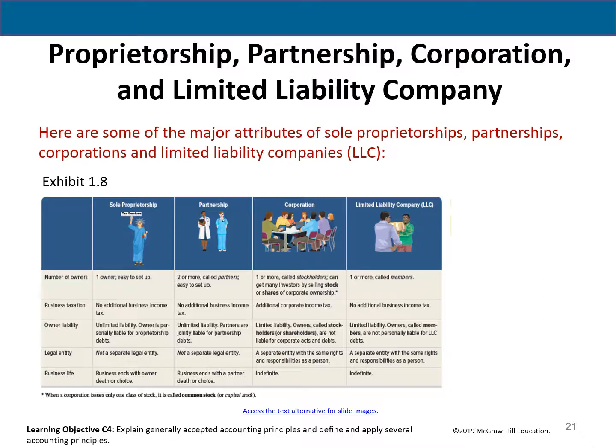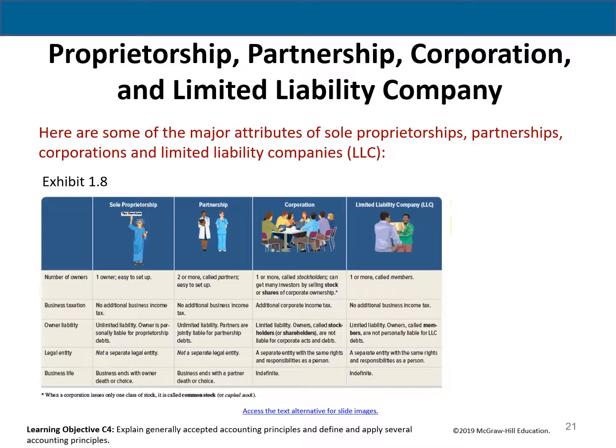A limited liability company is a mixture of a corporation, a sole proprietorship, and a partnership. So there are one or more what we call members. And there's no additional business income tax. So it's like you're a sole proprietor or a partnership when it comes to taxes, but you're like a corporation when it comes to liability.